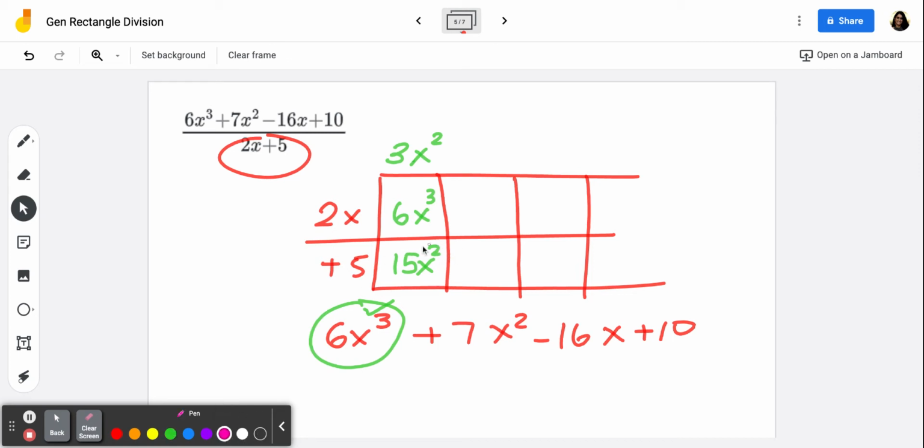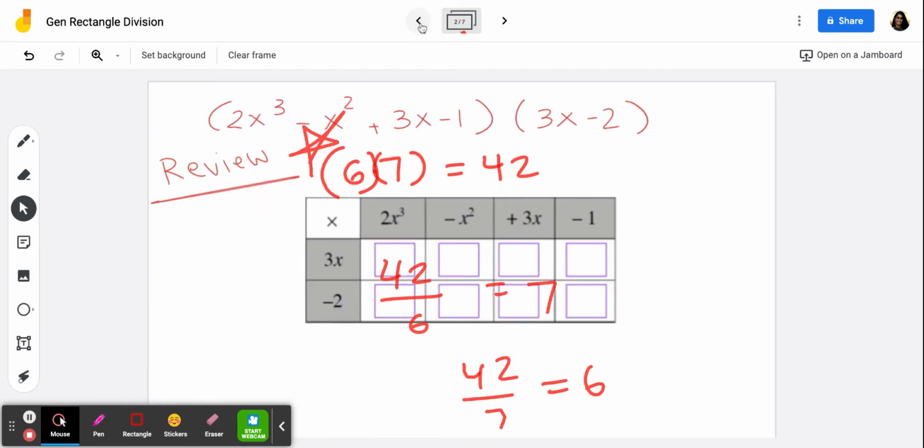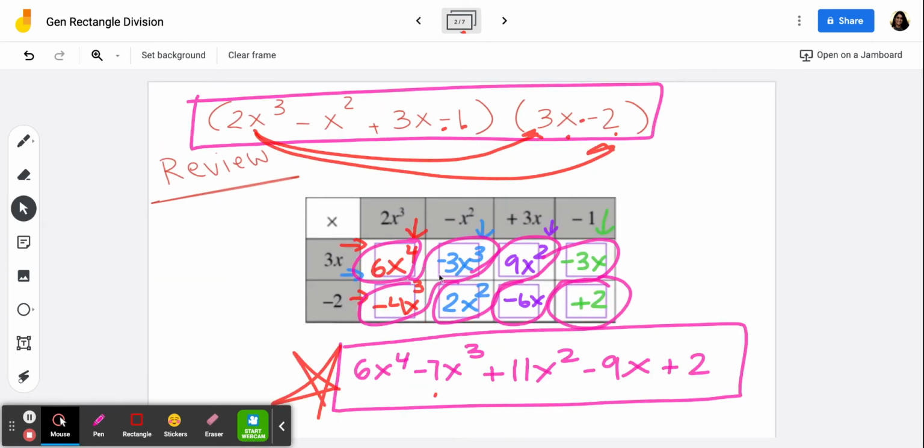So now what? Well, now you want to think about the fact that these two boxes would have to add together to make 7x squared. Now, if that doesn't make sense to you, go back to the original review problem we did. Remember, these two boxes right here make this.